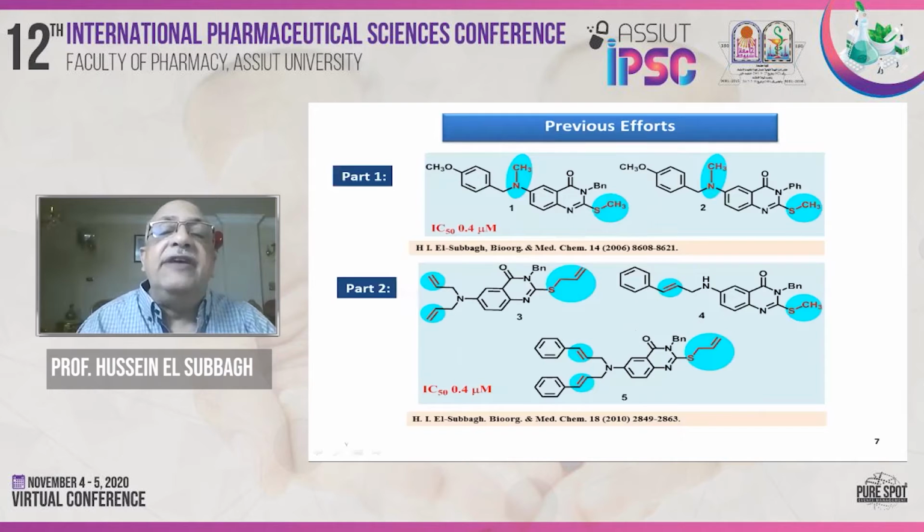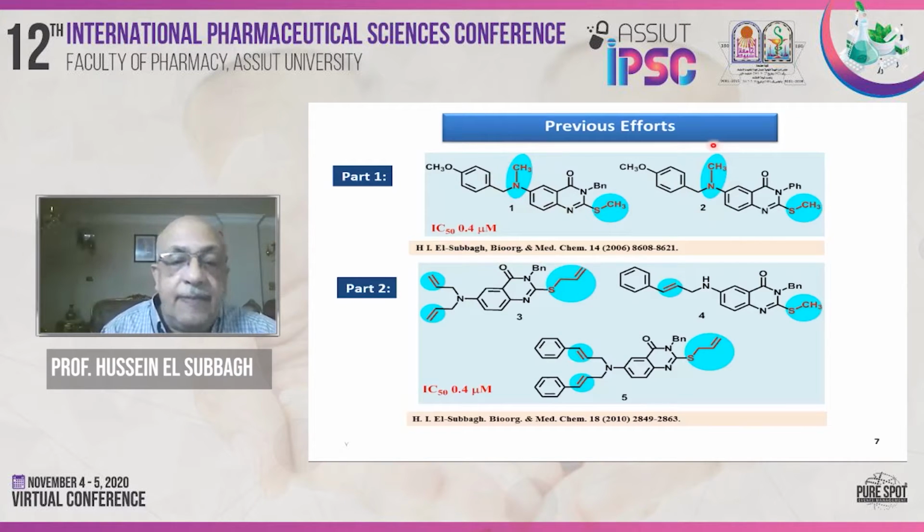In our previous effort, since 2006, we managed to allocate some potential dihydrofolate reductase inhibitors with IC50 around 4 micromole. As you see, there is a resemblance between those drugs and methotrexate by this N-methyl.